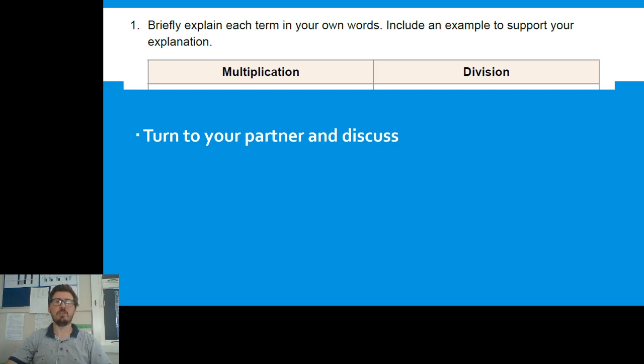So if I were to ask you, what is multiplication? I want you to write a response. If I were to ask, what is division? I want you to write a response. Okay, so pause the video and write down your answers. Now, if you've got the chance to, you can explain to Mum or Dad what multiplication is and what division is.